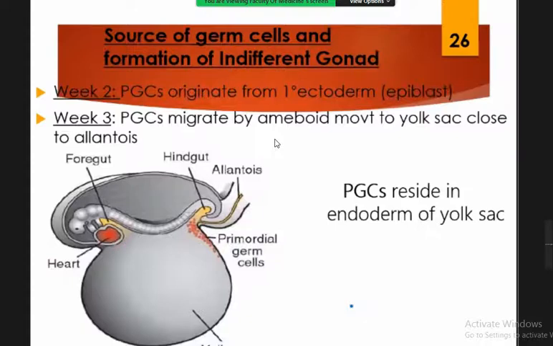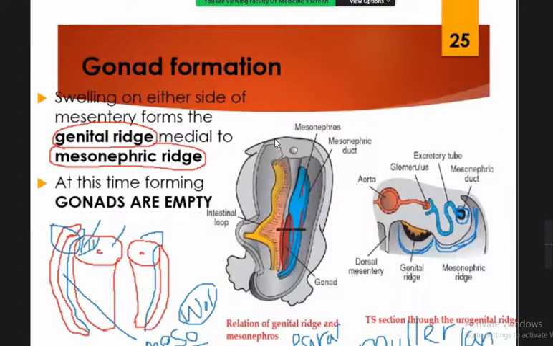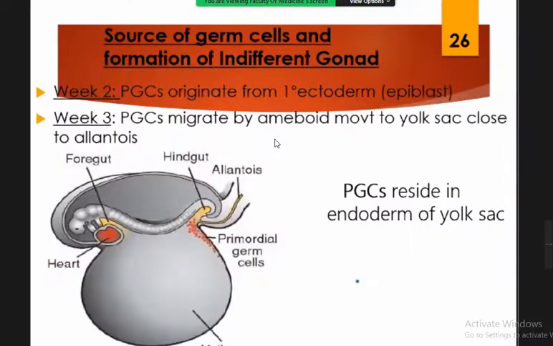So having seen those ridges, they are developing but they are empty. So there is already a ridge here and it is forming a gonad, but this is empty. Empty because there are no primordial germ cells. And where do we get these germ cells?